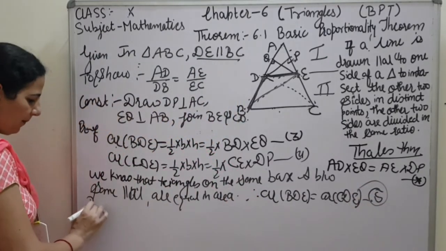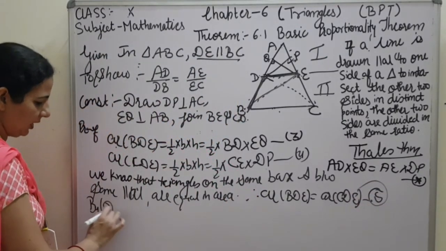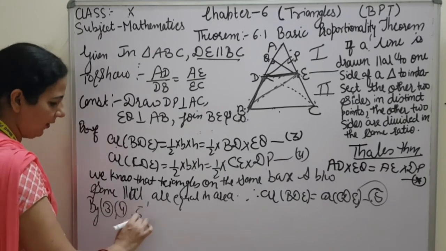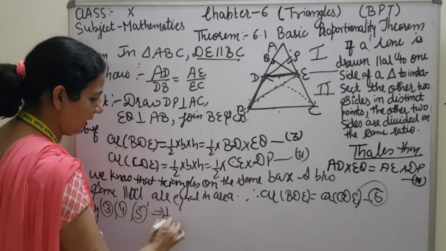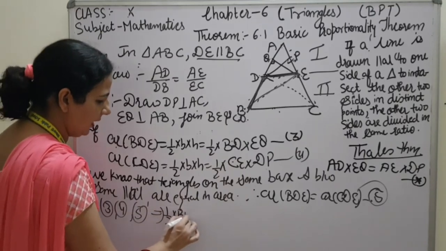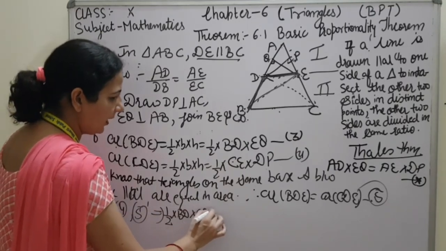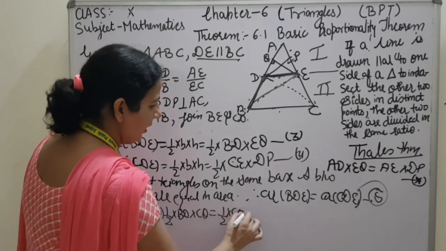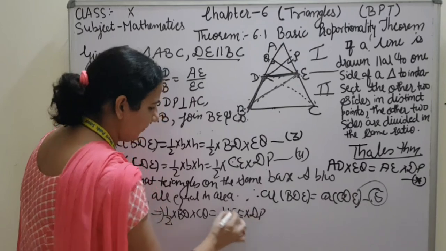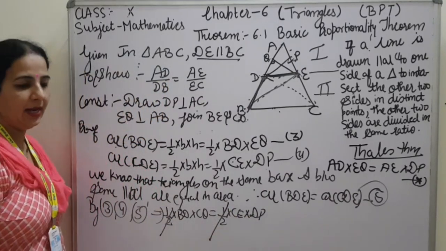So here, by using equation numbers 3, 4 and 5, we can say these two sides will be equal. Half into BD into EQ is equal to half into CE into DP. Half and half will be cancelled.